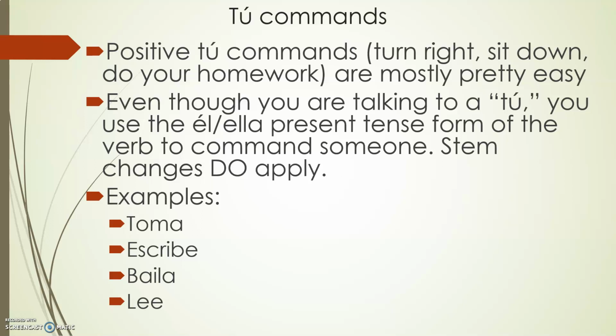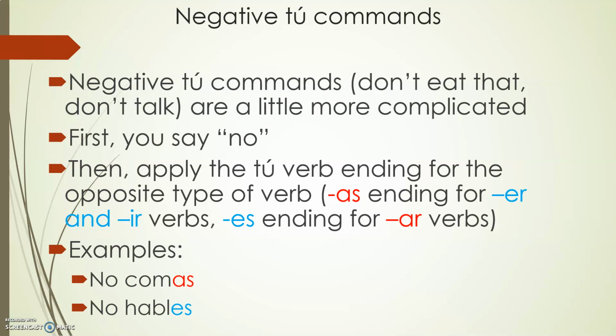So every one of these verbs is going to either end in an A or an E when it's in the positive form. In the negative form, things like don't eat that, don't talk, it's a little more complicated, but not too hard. First, you say no. That's the don't part.